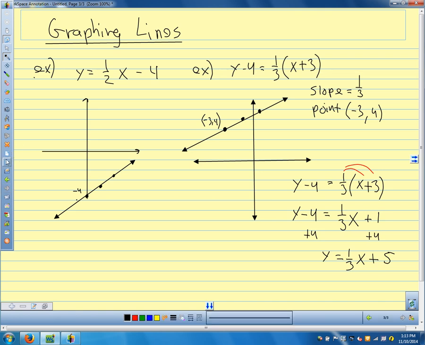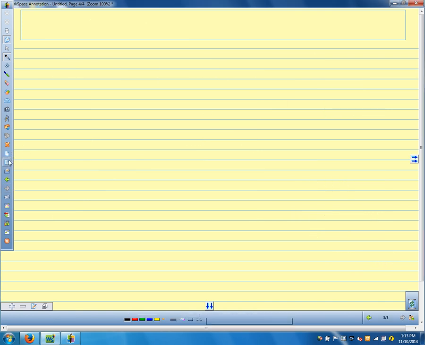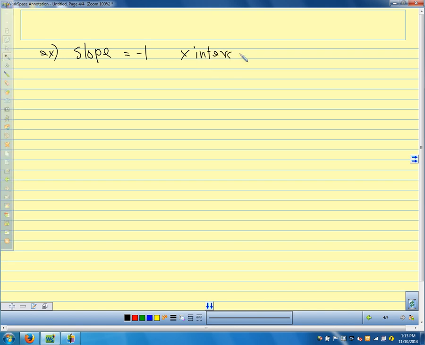All right, questions there? All right, let's look down at number 7. It says we want the equation of the line where the slope equals -1 and the y-intercept equals 6. Well, this one they pretty much give us the answer, don't they?